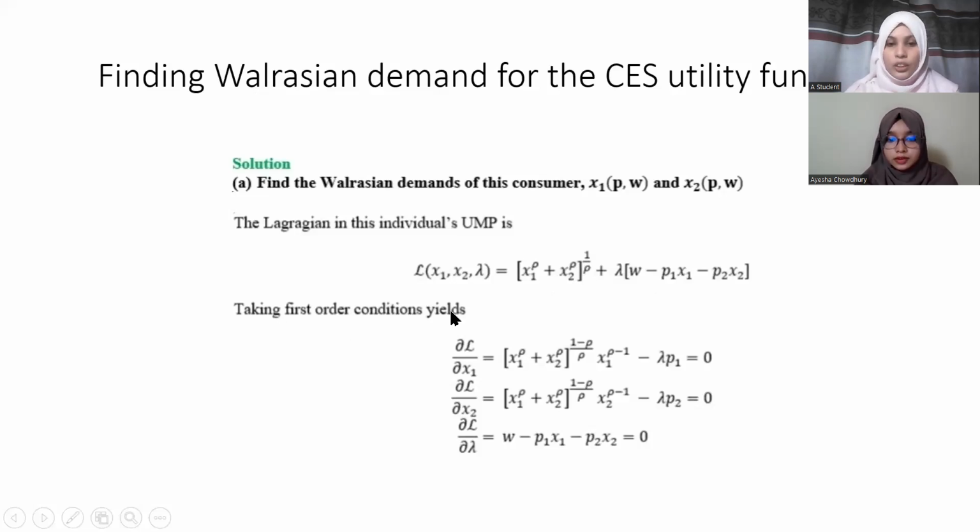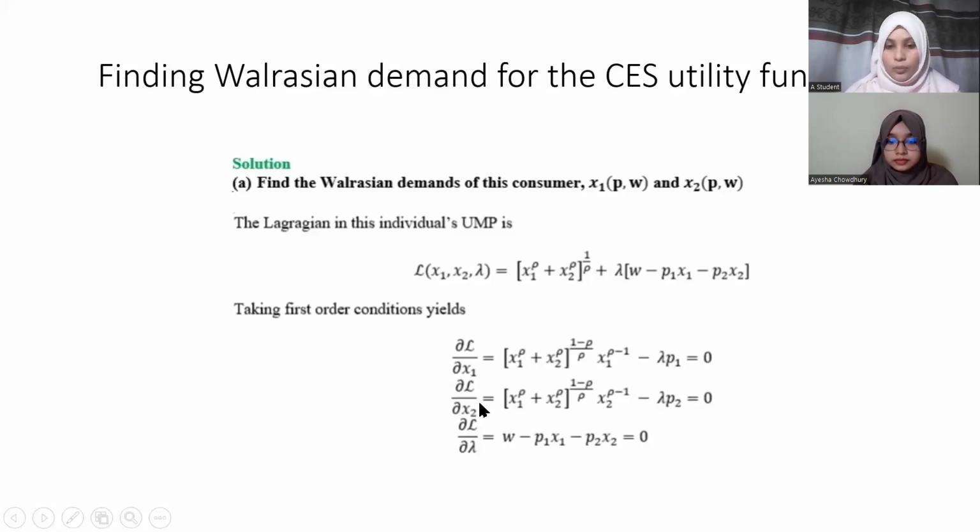Taking the first order conditions, the partial differentiation of the Lagrangian function with respect to x1, x2, and lambda yields the following. With x1: (x1^rho + x2^rho)^((1-rho)/rho) times x1^(rho-1) minus lambda p1 equals 0.